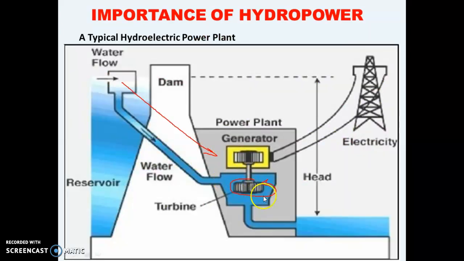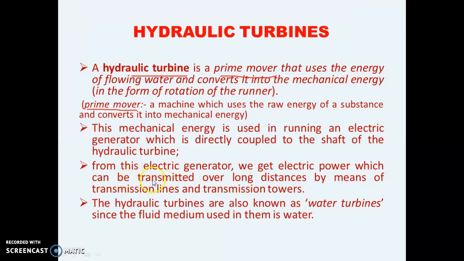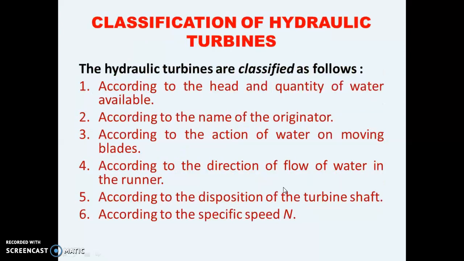We have seen here that this turbine is directly coupled with a generator through this single shaft. From this electrical generator we get electrical power which can be transmitted over long distances. Now we'll classify the hydraulic turbines. They are classified as follows.